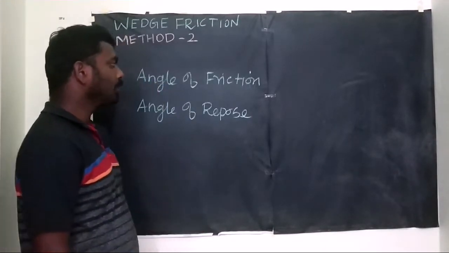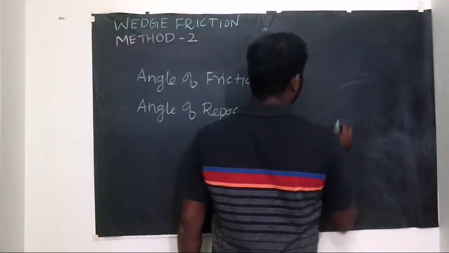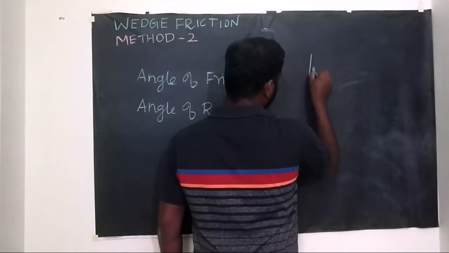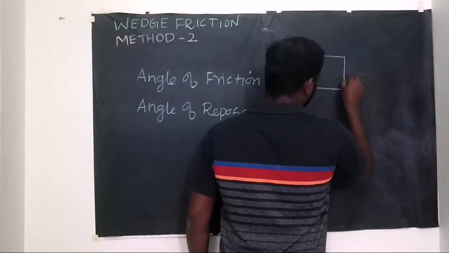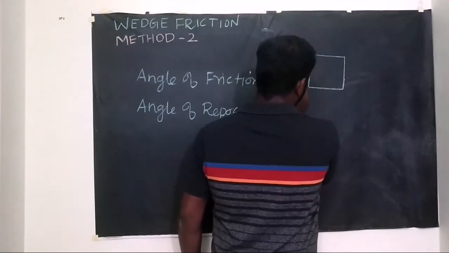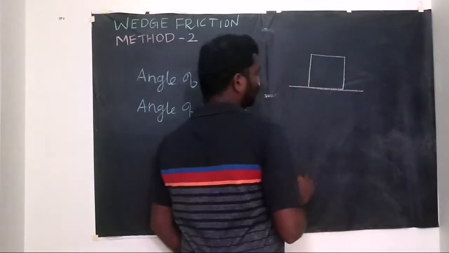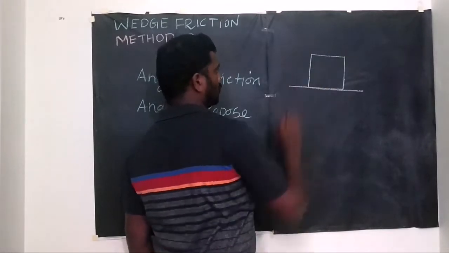This is explained with one simple sketch. I am going to take one block. This is my block, placed on the horizontal plane. Then I am going to apply one external force on this block.